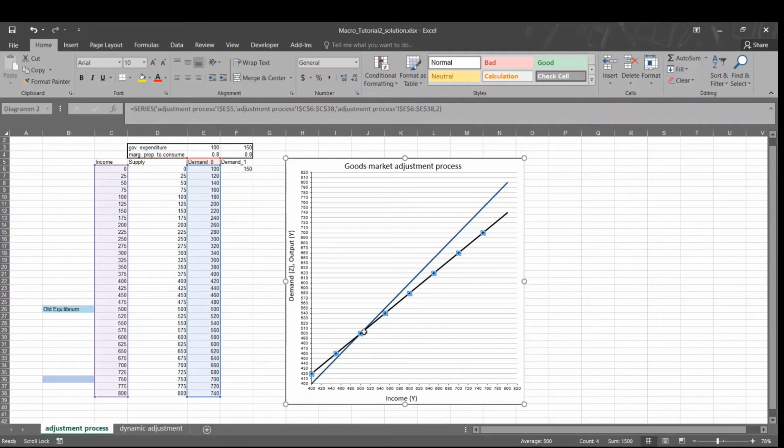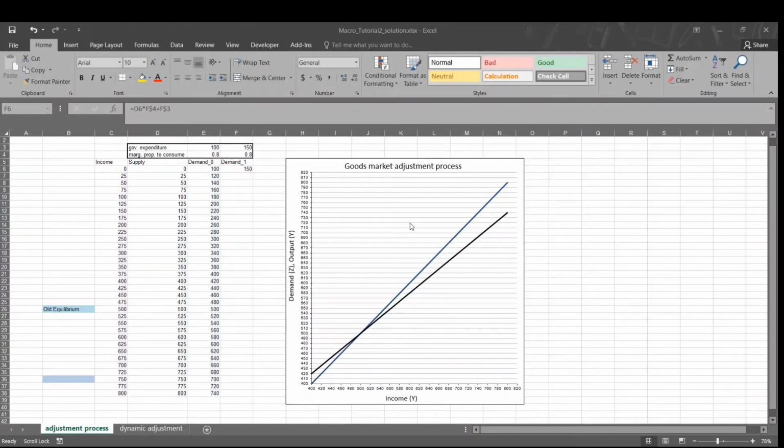So this black line represents the demand increasing from 0 to 800 units, and at 500 we would have the equilibrium level of income, where income is equal to supply. This is represented by the intersection between our 45-degree equilibrium line and our demand line.